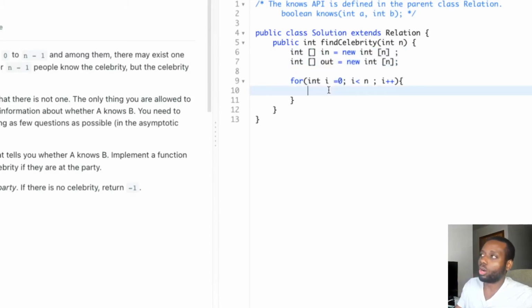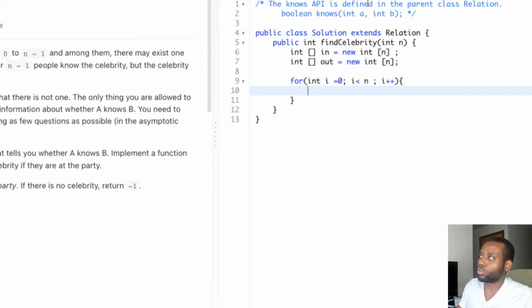So we're going to need a double for loop to loop through things, because we're only given n, and there are n people, and this API is going to let us know what to do. So we have a double for loop so that we can pass those two parameters.